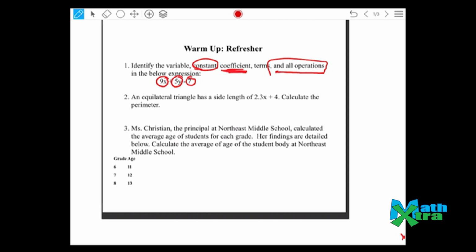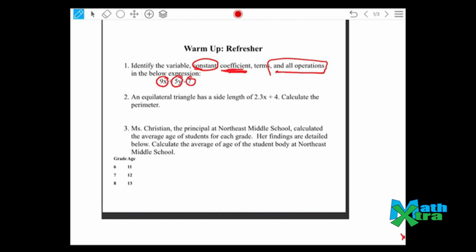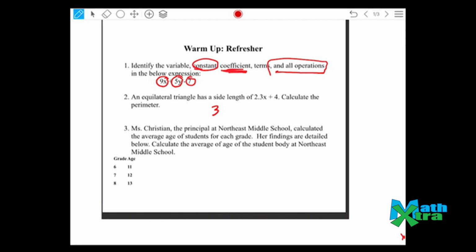Let's discuss number 2. An equilateral triangle has a side length of 2 3/10 x plus 4. Equilateral triangle, what we know? The sides are all equal. We can solve this by the distributive property. Let's take a look. We have 3 times 2 3/10. We can go out to the side and multiply that.